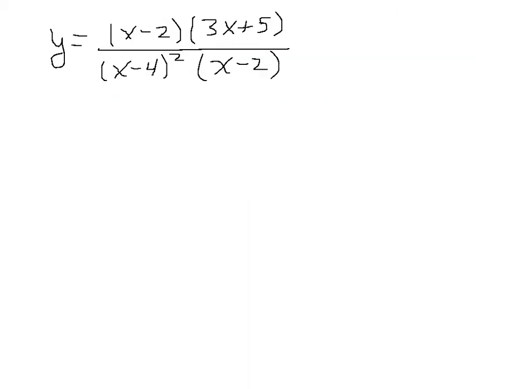Okay, so check this one out. One of the things to notice, and it's really important to notice, is that we have the same term on the top and the bottom, which means if x were equal to 2, we would have a 0 in the top and a 0 in the bottom. And what that means is that we have a hole when x is equal to 2.